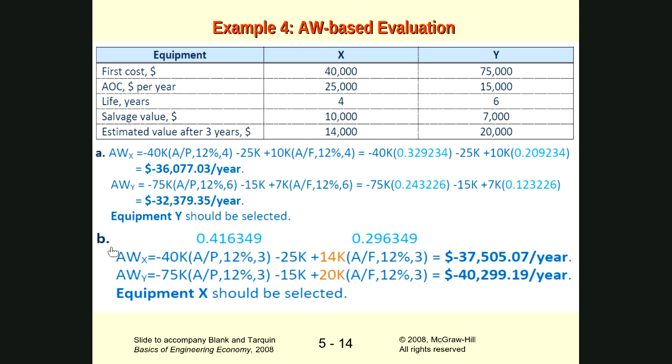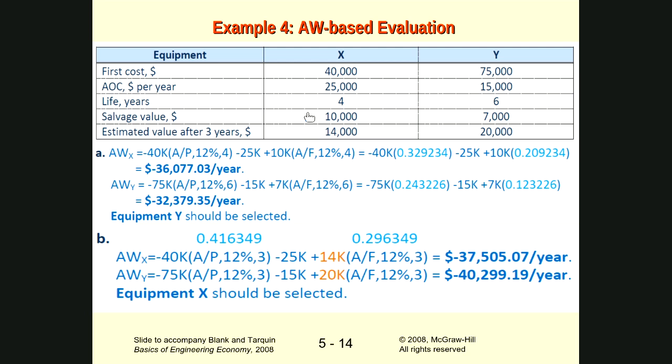For part B, now I want you to focus on the salvage here. The salvage used is 14,000 and the 10,000 was not used. Why? Because the salvage for that study period was given in the question. If it was not given in this row, then you would use the given value, the 10,000. But since the salvage for the study period is given, use it when you do the study period technique and neglect the other salvage value.